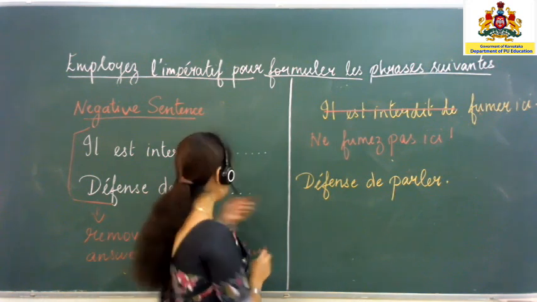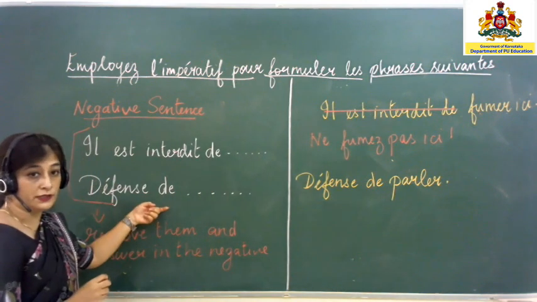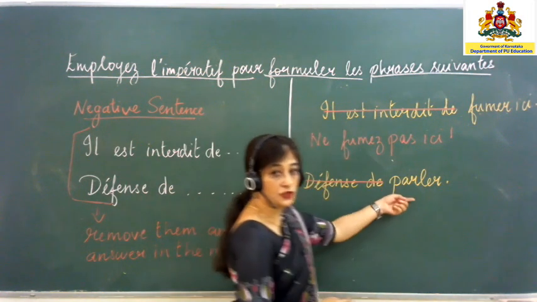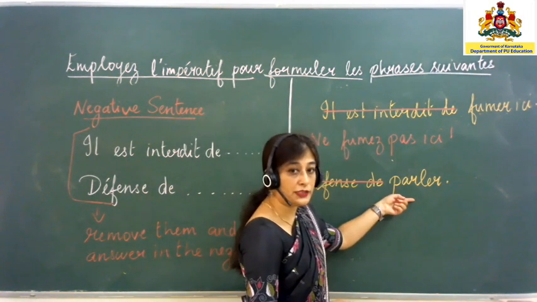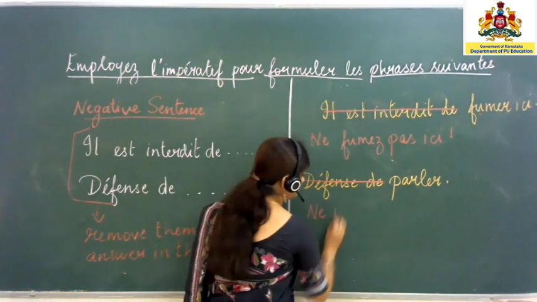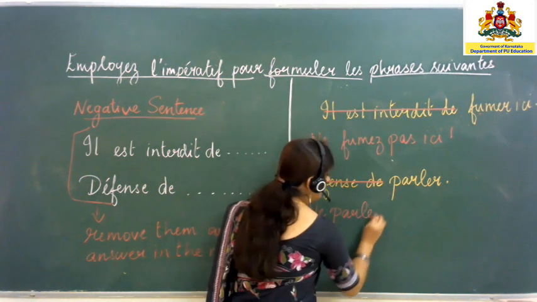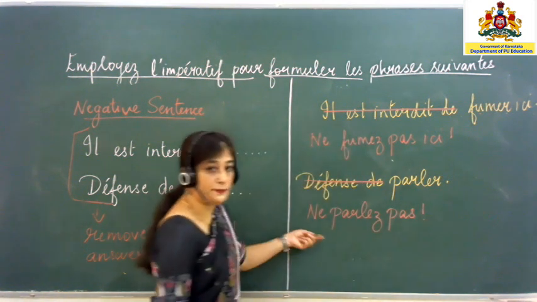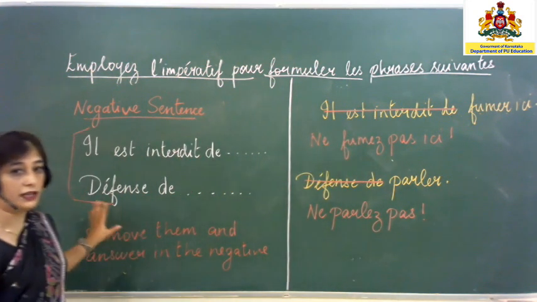Now again, since I have the phrase défense de given here, I should remove it and I have to change the verb parler to the negative form. So it is going to become ne parlez pas. Do not speak. I hope that is understood.